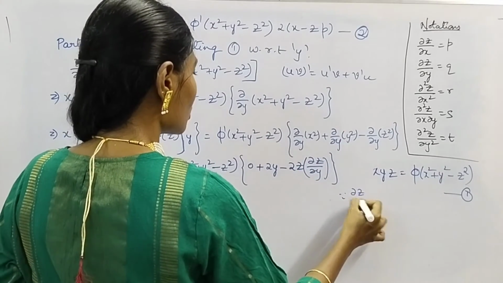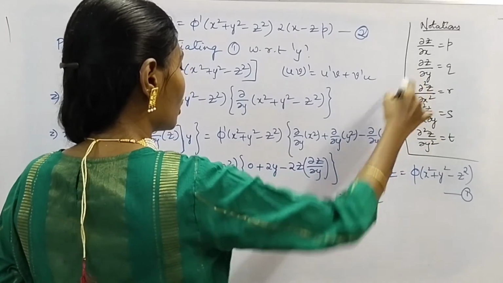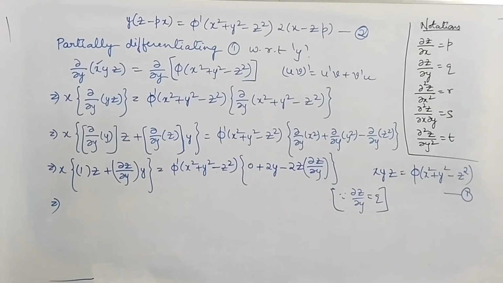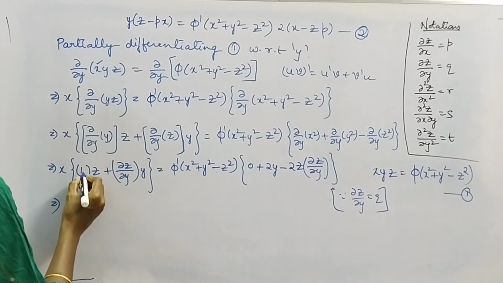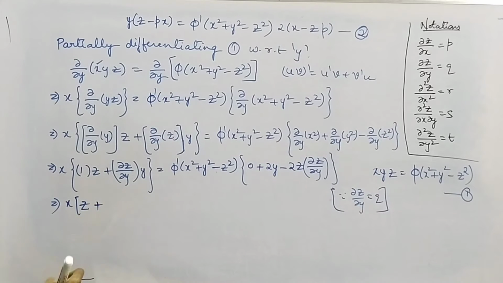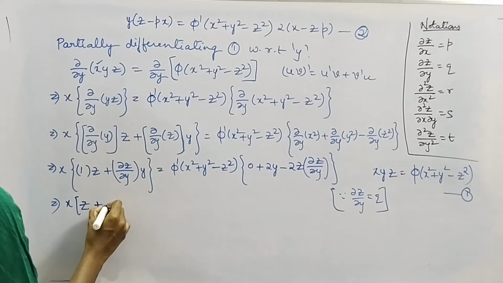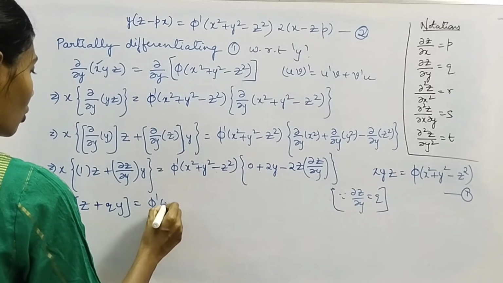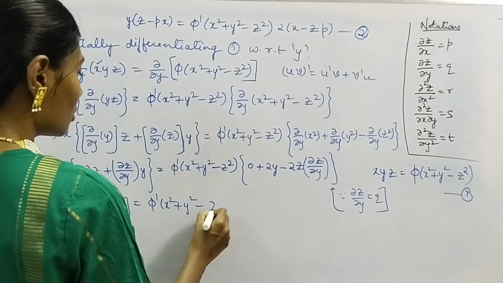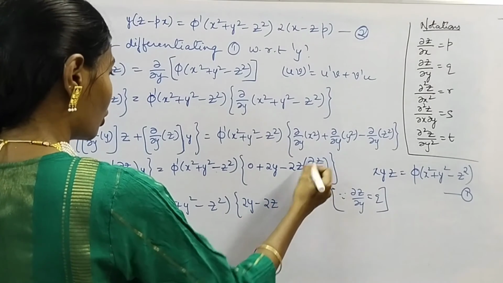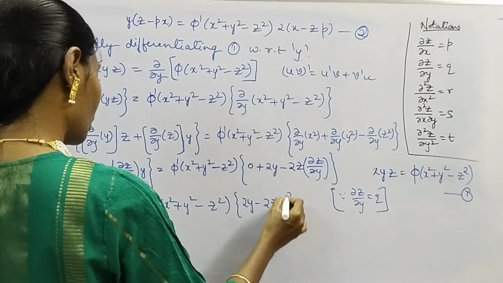Since we have the notation dou z by dou y equal to q, let's replace dou z by dou y by q, which gives us x into 1 into z plus, replacing it by q, qy, equal to phi dash of x square plus y square minus z square into 2y minus 2z q, right?